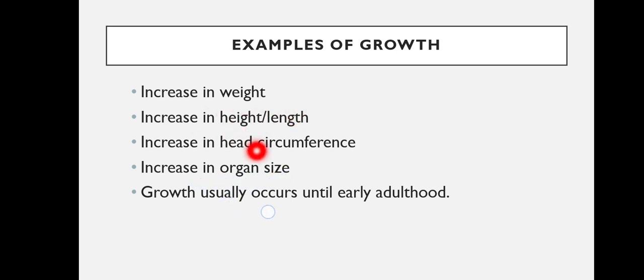Increase in head circumference means that someone is growing. Increase in organ size. You can't compare the size of the liver in a 72-year-old person with someone who is an infant. Okay? So growth has occurred there because as the person grows, even organs grow, tissue grows. That's how it is.